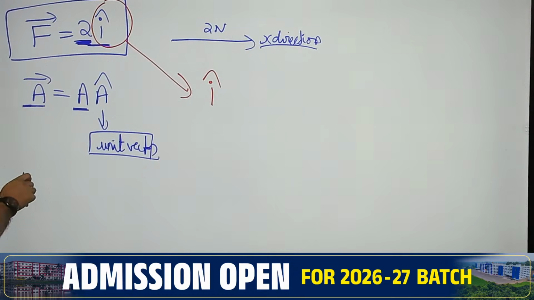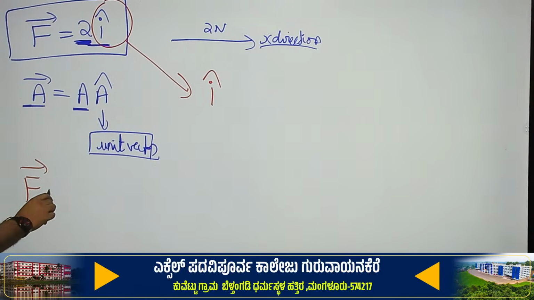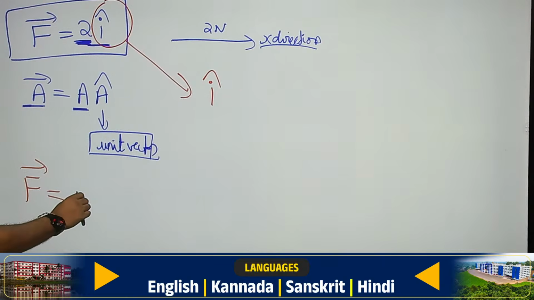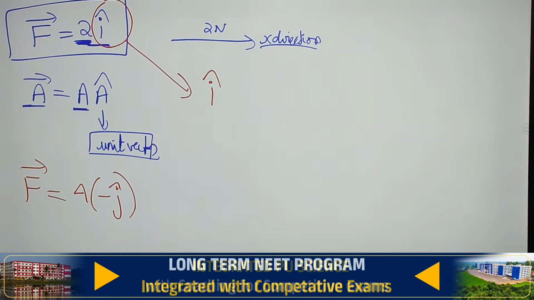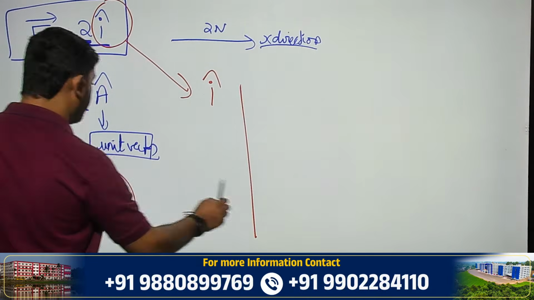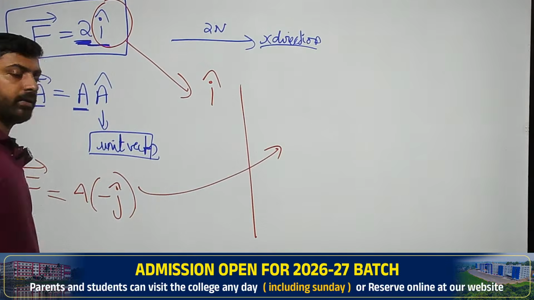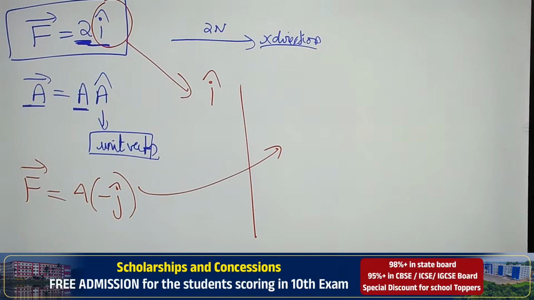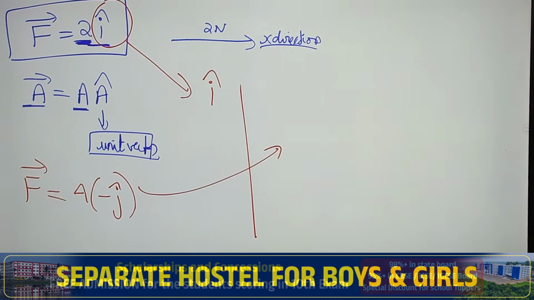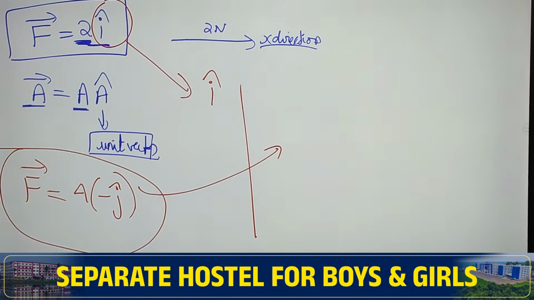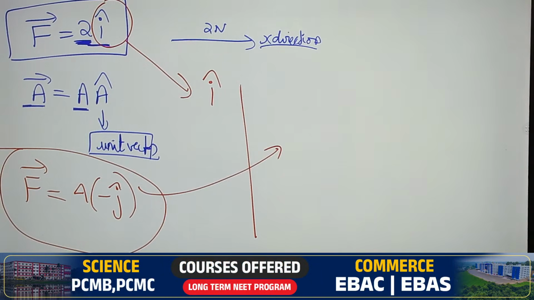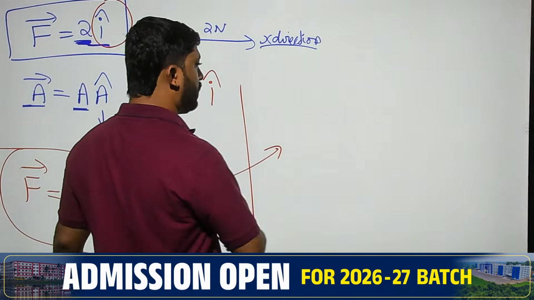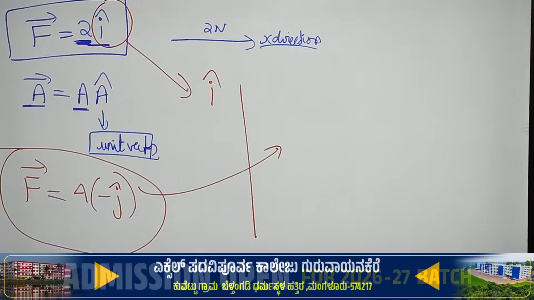If I write force is equal to 4 minus J cap, can you represent this graphically or geometrically? We have a force. Force is a vector. Force is equal to 4 minus J cap. What is the direction of this force?